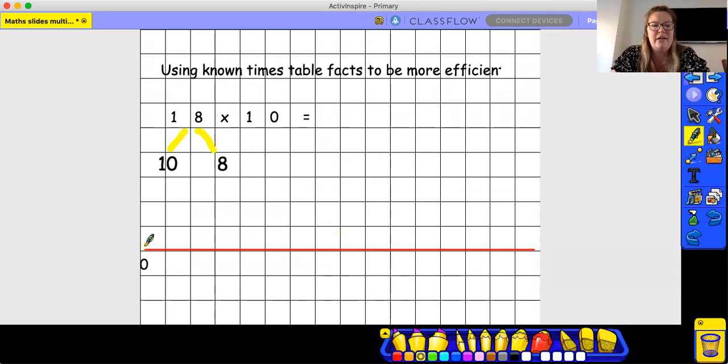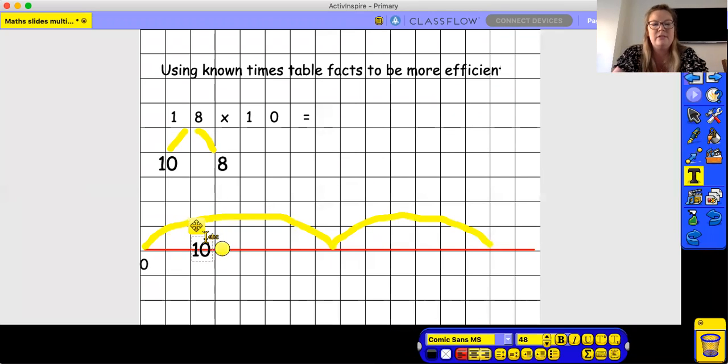So on my number line, I need to do a big jump, 10 times 10, and a slightly smaller jump, 8 times 10, because I've got 10 times 10 here and 8 times 10 here.